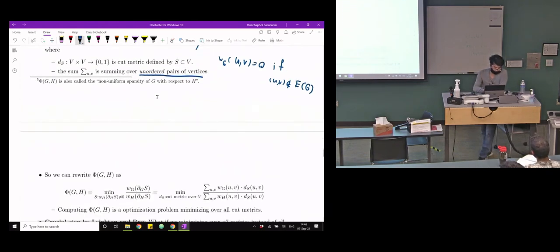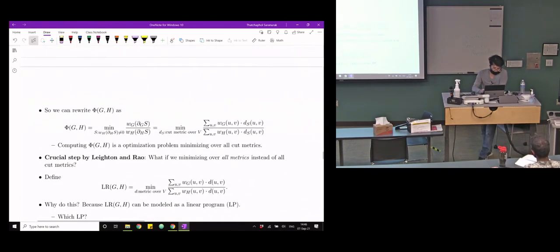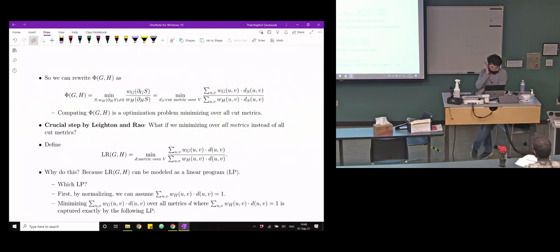So now comes the important thing. It means that I can rewrite the H expansion of a graph like this.